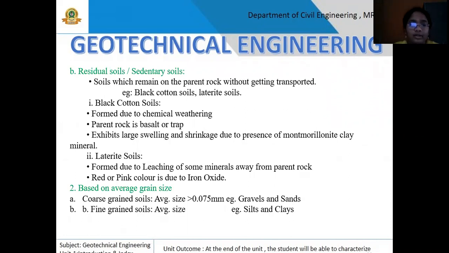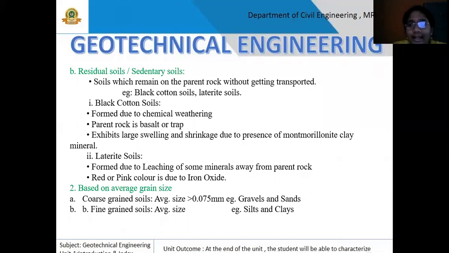And next, the examples like black cotton soil and laterite soil. Coming to black cotton soils, most of the coastal areas have black cotton soils. These are formed due to chemical weathering. Parent rock is basalt or trap. Trap is also one type of rock. They exhibit large swelling and shrinkage due to the presence of montmorillonite clay mineral.